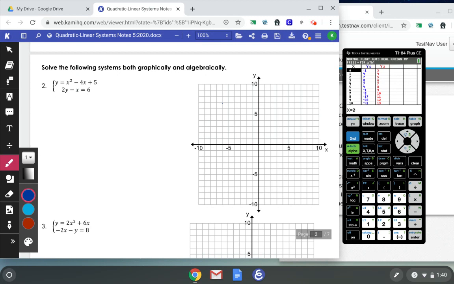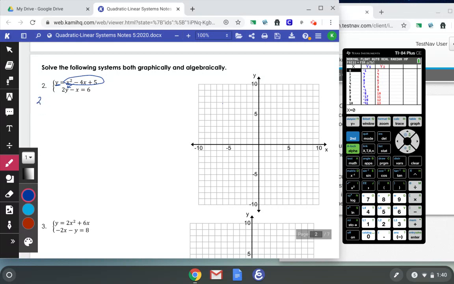So remember the methods that we had learned were substitution, elimination, graphically. This one, I am going to use substitution because I have y by itself. I know this equals y. So I'm going to take that and substitute it in for y into my other equation.